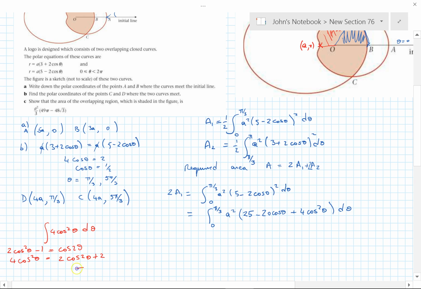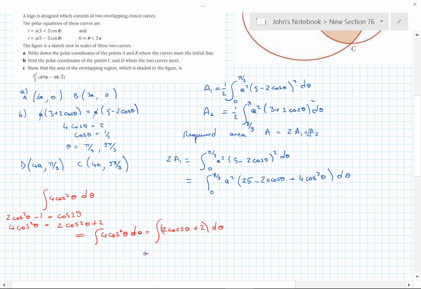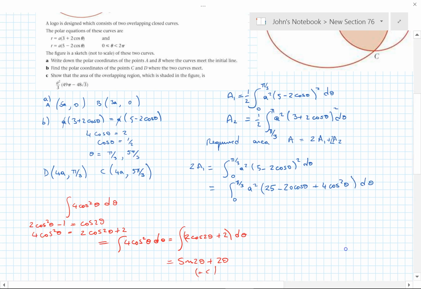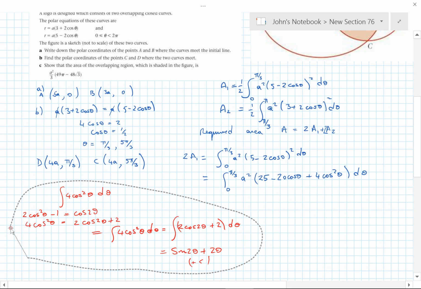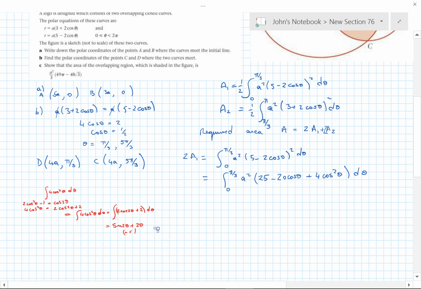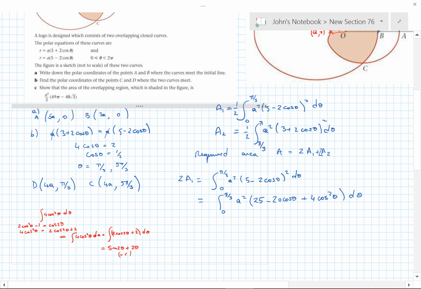So that means that the integral of 4 cos squared theta d theta is equal to the integral of 2 cos 2 theta plus 2 d theta, and that's going to be equal to sine 2 theta plus 2 theta plus c, but obviously we're not going to be bothering with that when we put it into our integral with limits in. So let's just have that in mind for our integrations to follow.